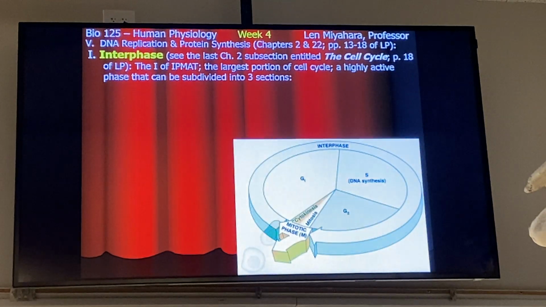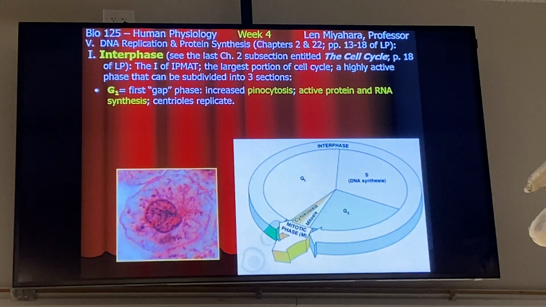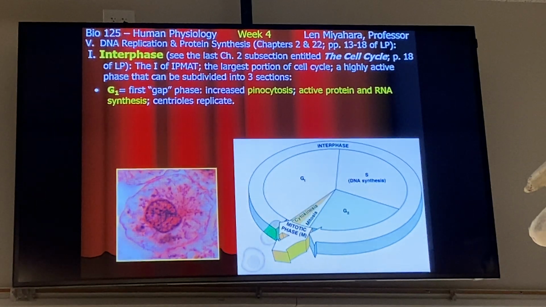All right, let's look at interphase, since that is the vast majority of the pie. Starts at G1. This is where the cell needs to grow physically, because the original cell just got divided into two, so the smaller cells. So you're going to increase how much you're bringing into the cell in pinocytosis. And then you've got to fill that fluid up with important things like proteins and RNA.